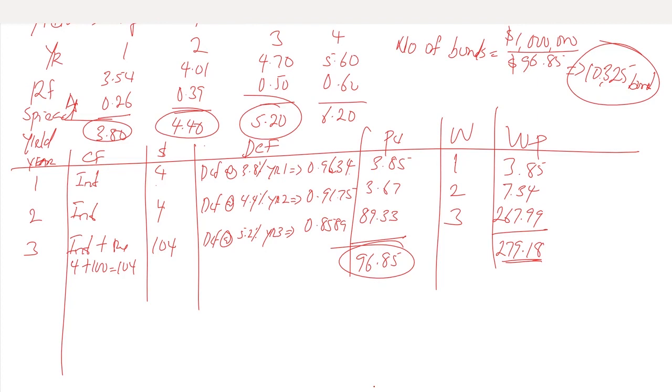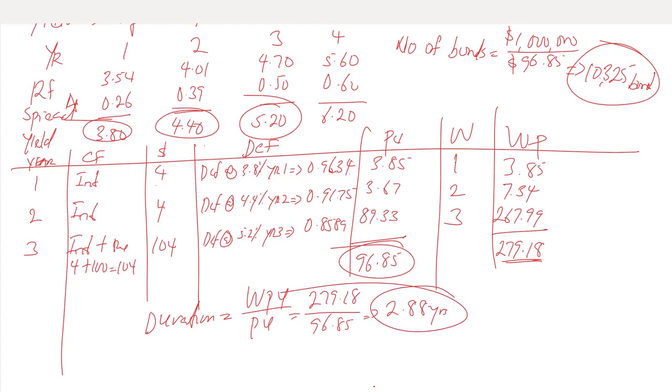So that means to get my duration is weighted PV over PV, which is 279.18 over 96.85. That's roughly 2.88 years. With that, in good time, you're done with the question.